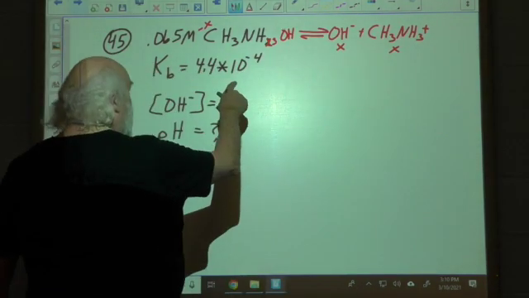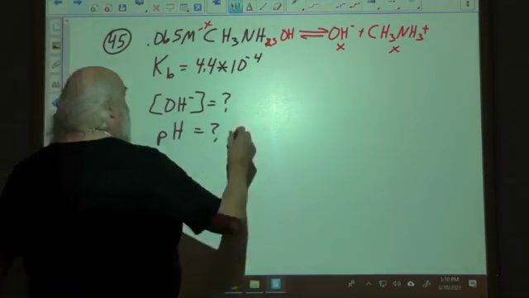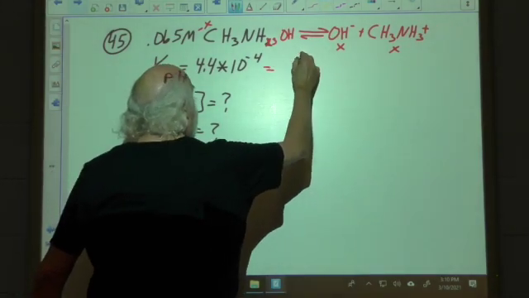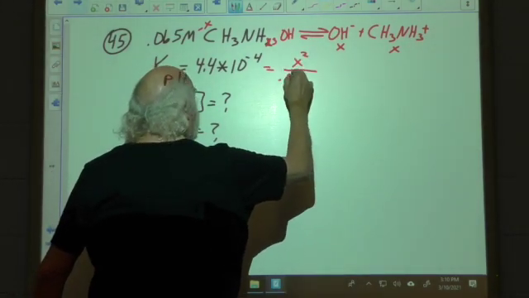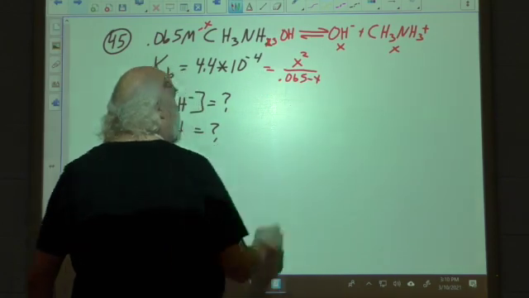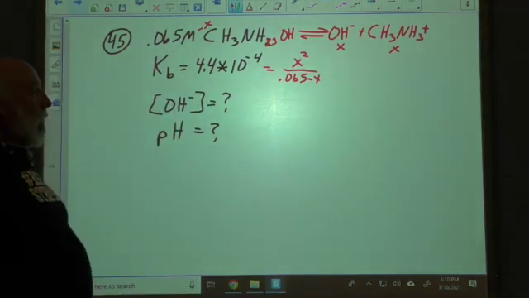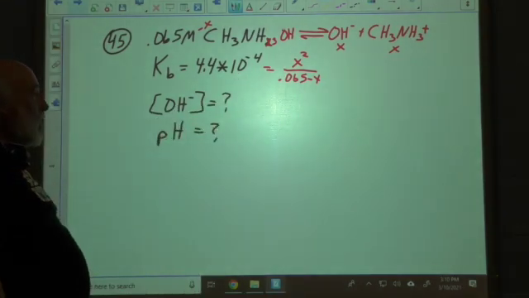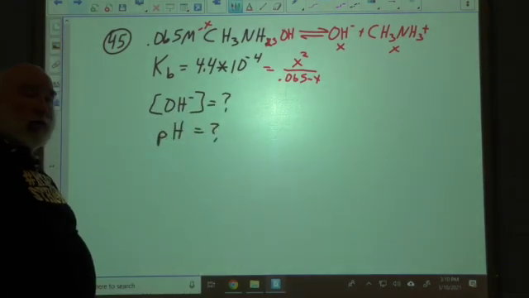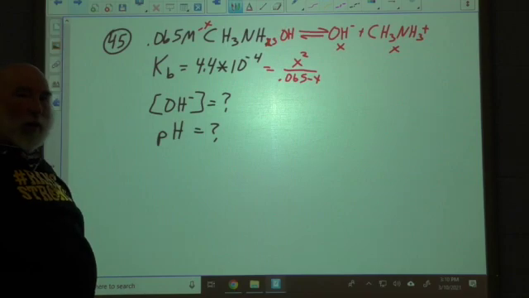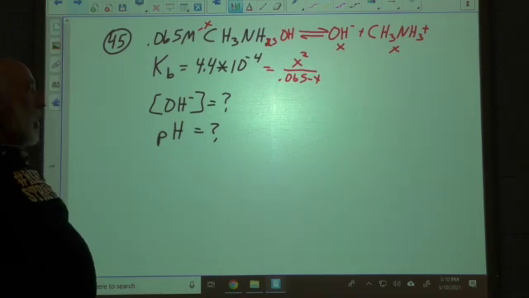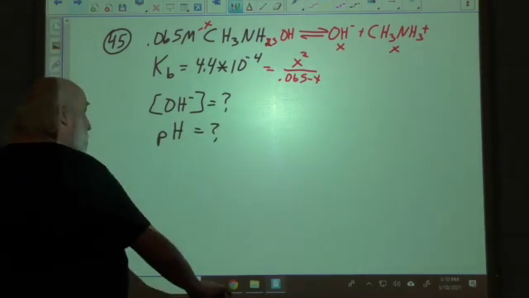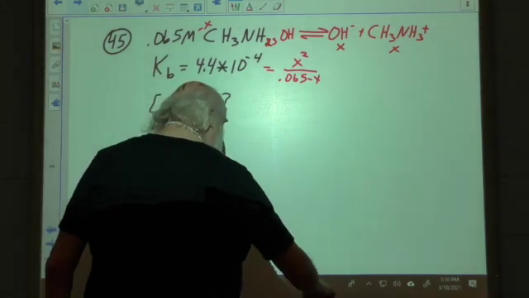So the Kb, which is this right here, is going to be equal to X squared over 0.065 minus X. Now we're going to do a little quadratic equation here, a little quad form. Alright, so we've got to get rid of this, so we multiply both sides by 0.065 minus X.